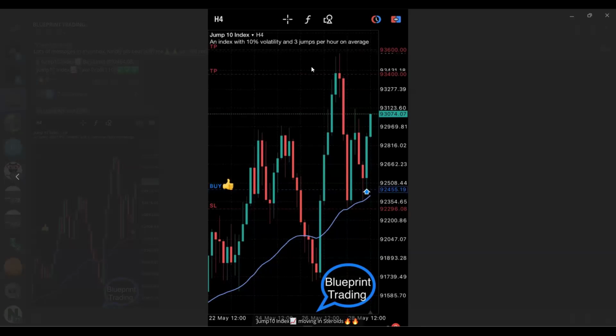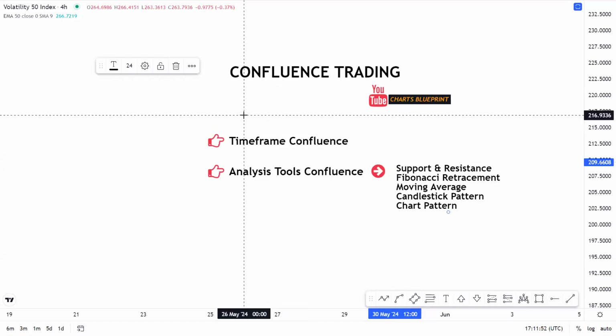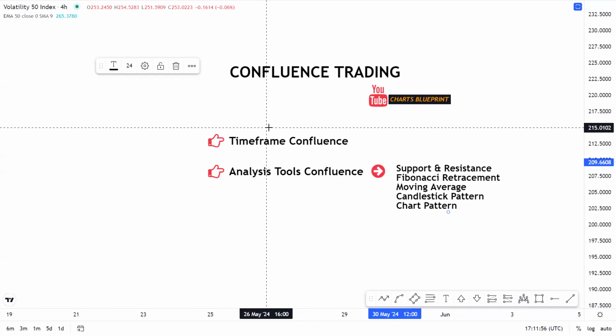And quickly jumping into the reasons as to why I called the buy signal on Jump 10 Index using the concept of confluence trading.